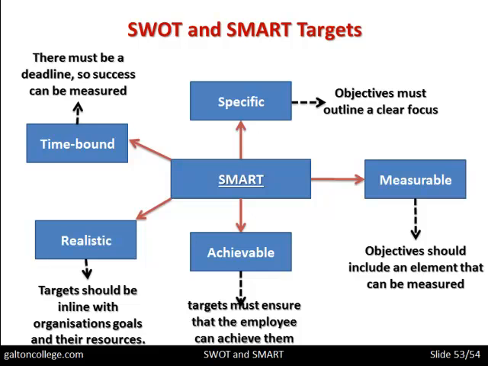It sets the employee a task, but the task should meet the SMART requirements: specific, measurable, achievable, realistic and time bound. So those two techniques should be borne in mind. They're important. That's all we're going to deal with in this class.